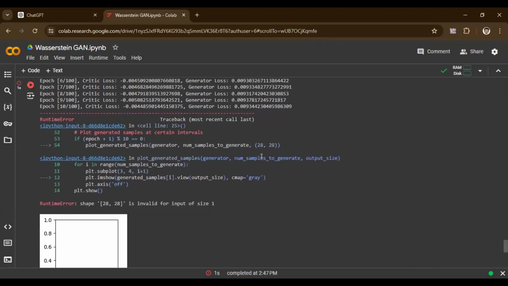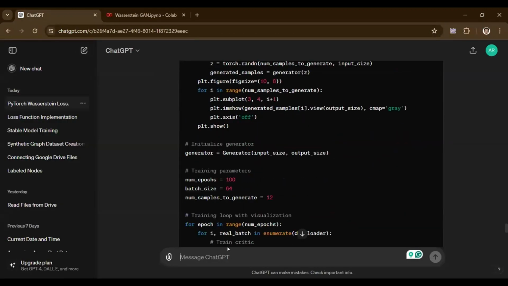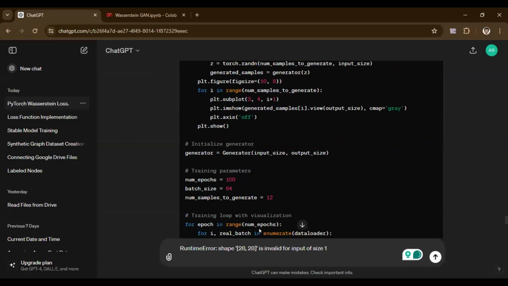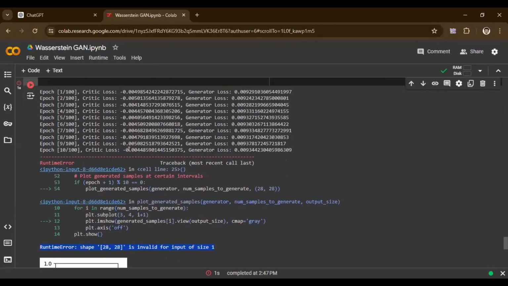Also the same error. Then we will try debugging again. Same error. Is it the same error? Also on this.